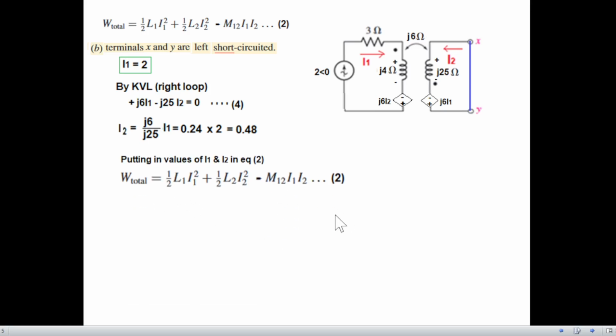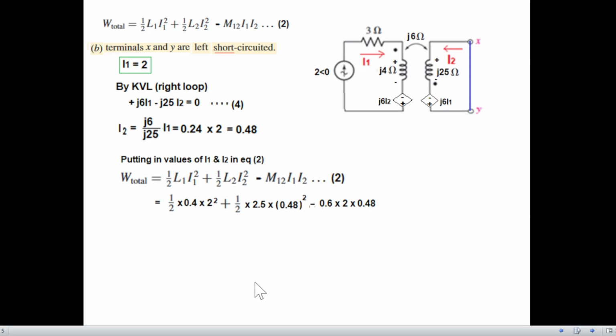So this is the equation that we are going to use. Half L1 is 0.4, we have seen in the previous slide. I1 is 2 squared, then half L2 was 2.5, and we'll use this value of I2, 0.48 squared, minus M is 0.6 into 2 into 0.48.